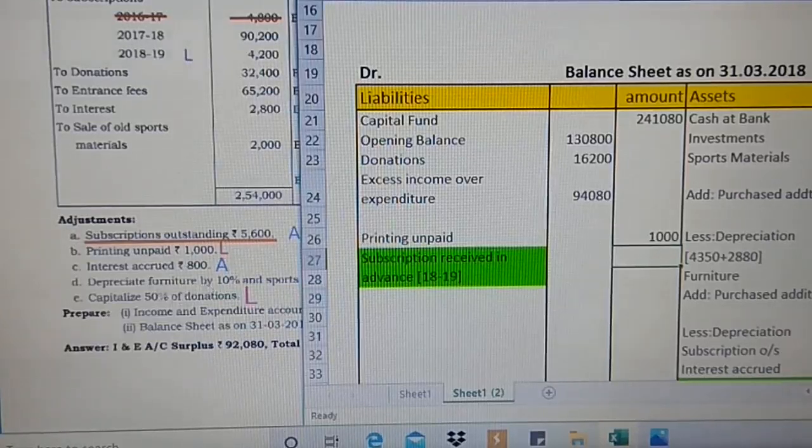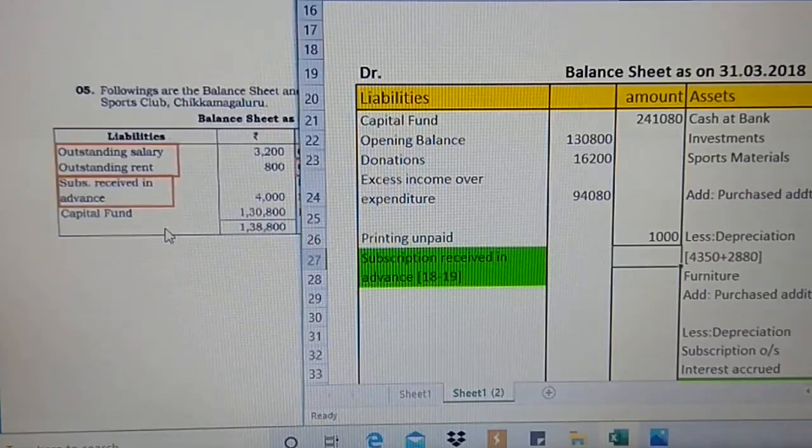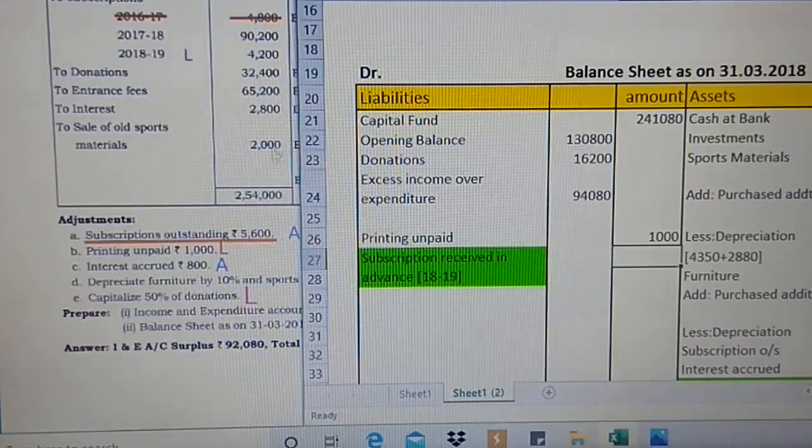Next, after that, interest accrued is taken on the asset side over. Depreciate furniture is deducted on the asset side. Capitalize 50% of donations is over. Apart from this, something is left out which we need to concentrate on the receipt side. Just observe on the receipt side.